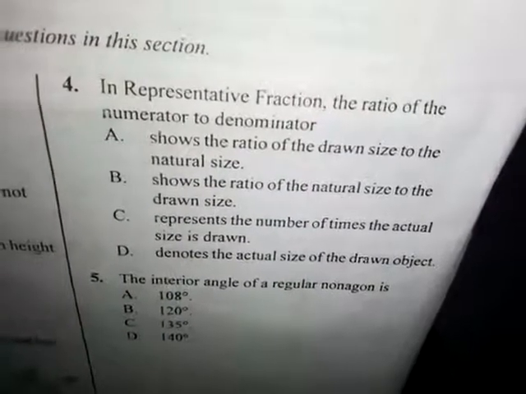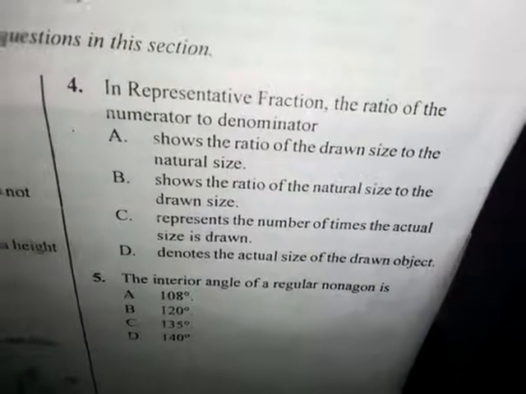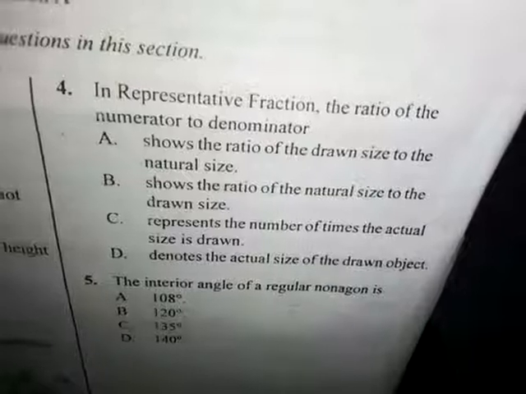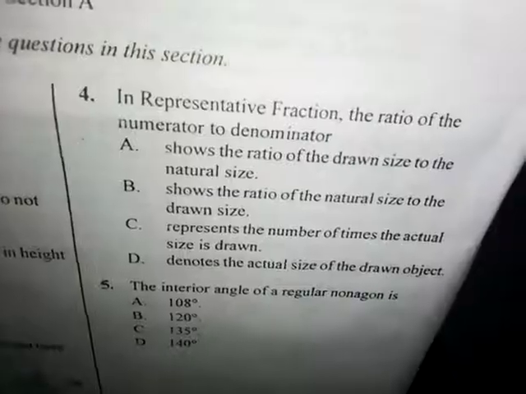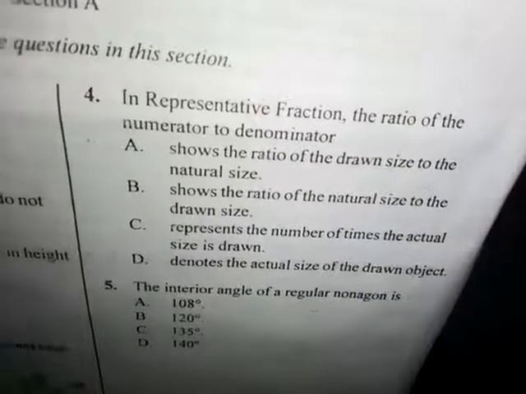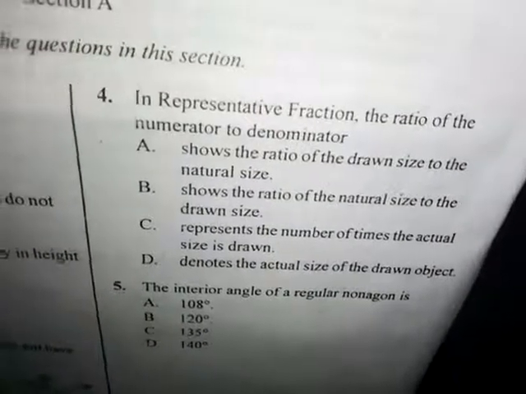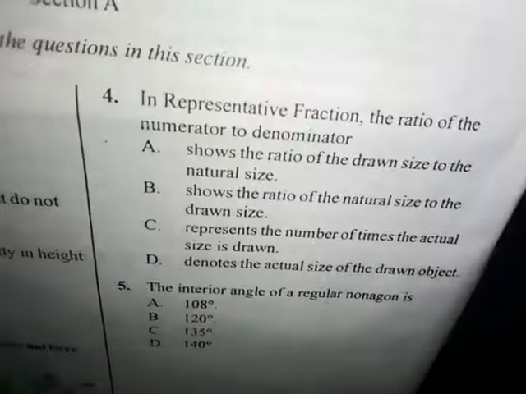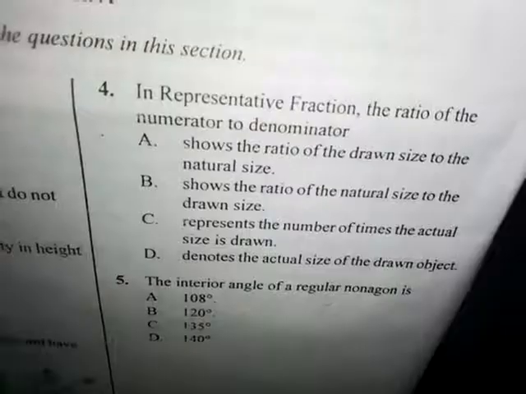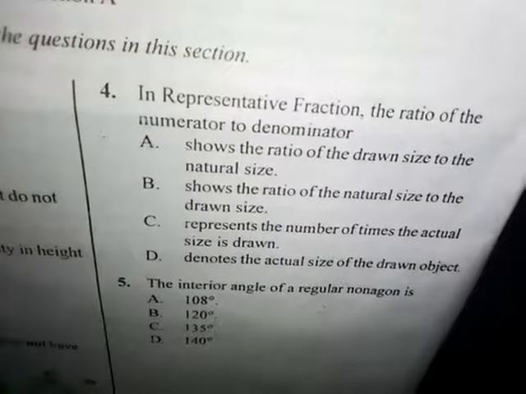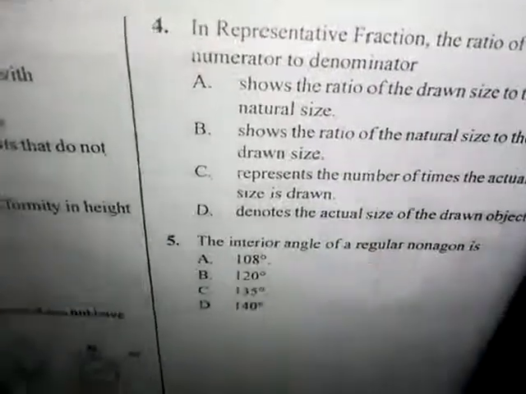For example, you say that 50 meters should be represented with 10 millimeters or 20 millimeters. So when you divide the length of the drawn size by the natural size, you have what we call the representative fraction. So take note of that.